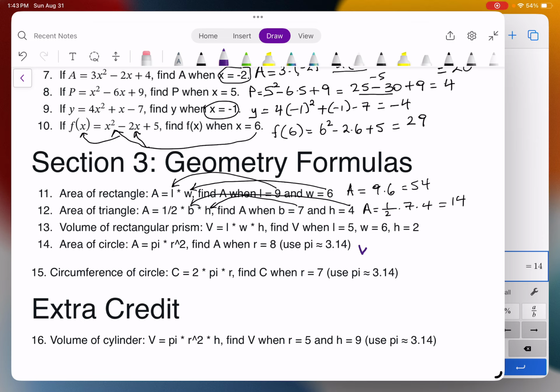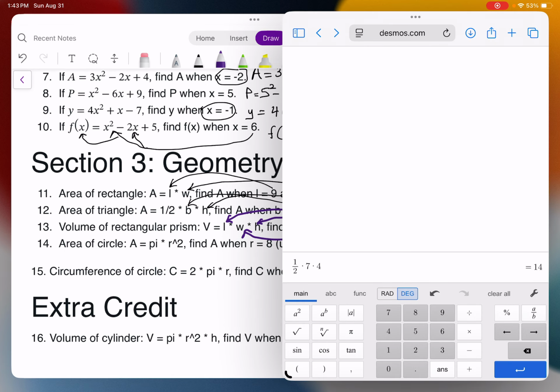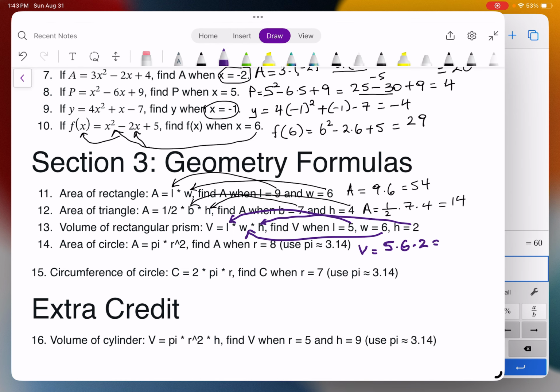So V equals L, that will be 5, times W, that will be 6, times, and in place of H, we will sub in the 2. Use a calculator if you like. 5 times 6 times 2. So I use clear every time. We get 5 times 6 times 2. Hit enter, and the answer is right there, 60.